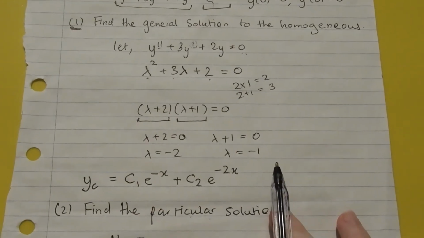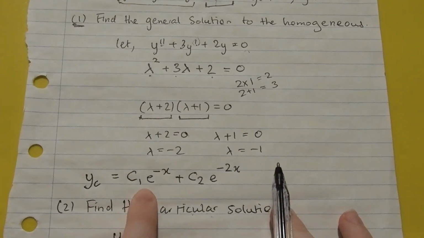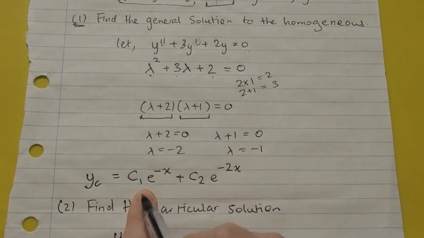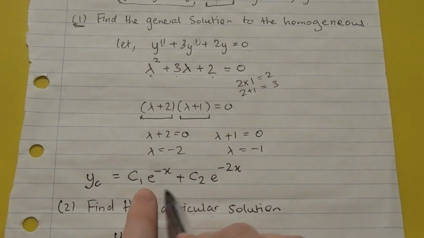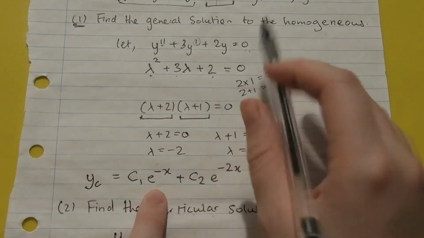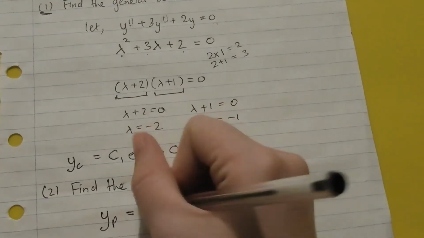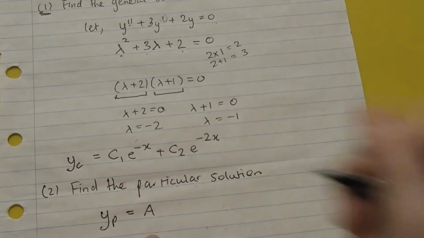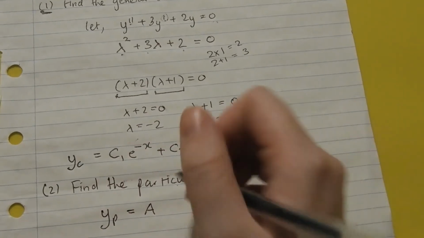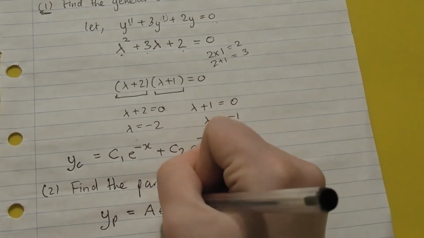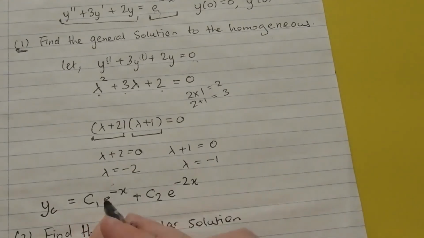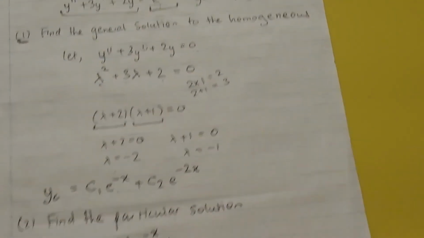But if we look down here, in our general solution to the homogeneous, e to the negative x is already a part of it. So we actually need to manipulate this. So we have a constant, and we have e to the negative x, which is this side, but since this was already found in the homogeneous part, we need to multiply this by an x.